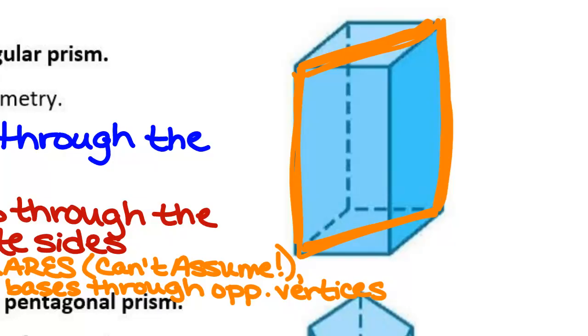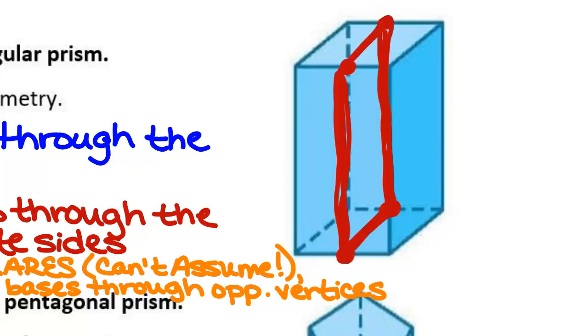If I knew that the top and the bottom were squares, then that would be a plane of symmetry. And the one that goes through the other 2 corners would also be a plane of symmetry. But because I don't know the top and the bottom are squares, if that top is not a square, this point might not land on top of that point when I fold it over. That's why it wouldn't be a plane of symmetry.